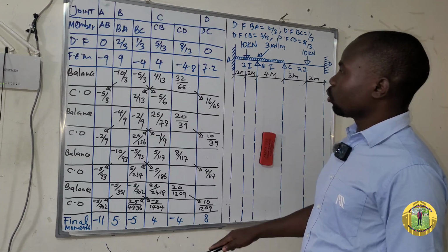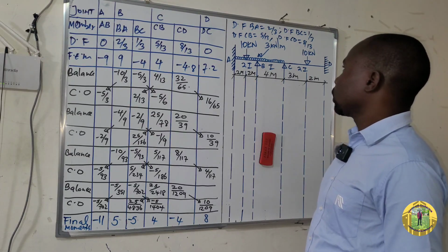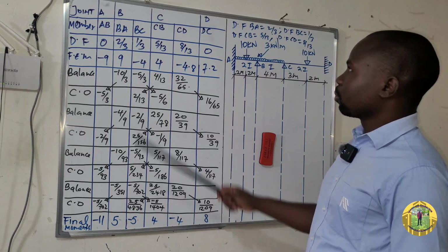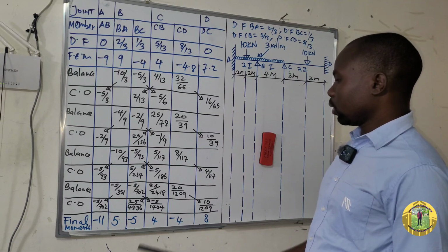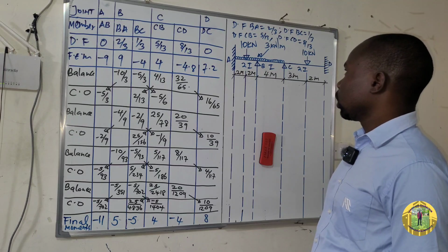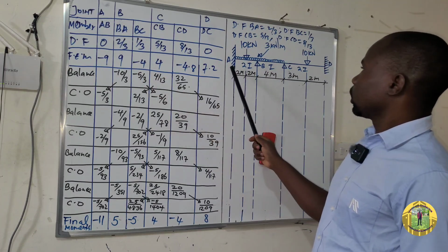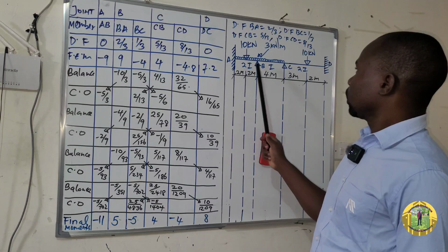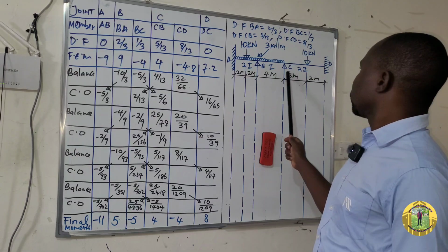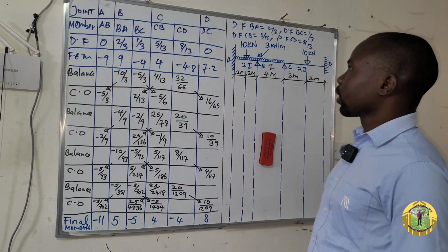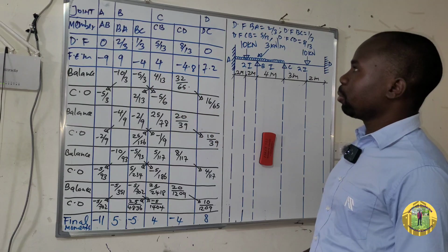This is the distribution table, and I want to take you through step by step from the top up to the final moments. So we start with the joint. Under joint, we have joint A, joint B, joint C, and joint D. And then below joint, you have the member.